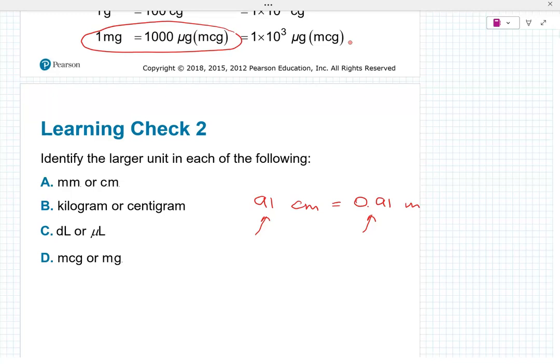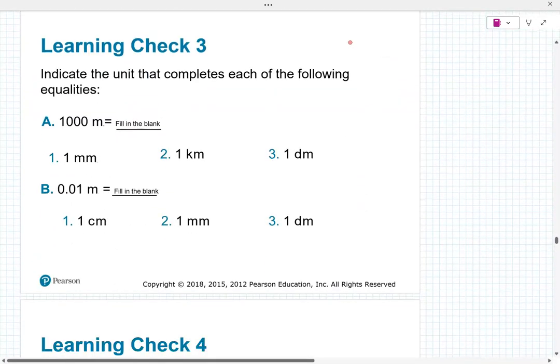So which one's bigger, millimeter or centimeter? Centimeter. Kilogram or centigram? Deciliter or microliter? Microgram or milligram? Milligram. Right. 1,000 meters. One of these three.